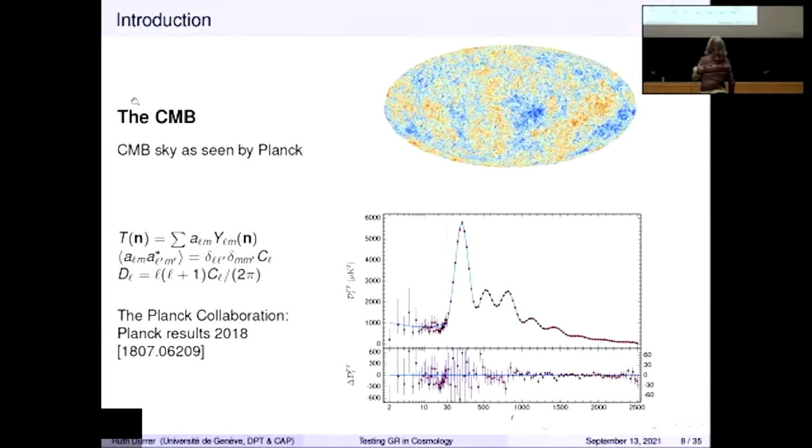Here you see a projection of the sky, and here you see the measured power spectrum, compared to a calculation, which is the blue line. This blue line is a calculation which inputs 5 basic parameters and 1 kind of fudge parameter.